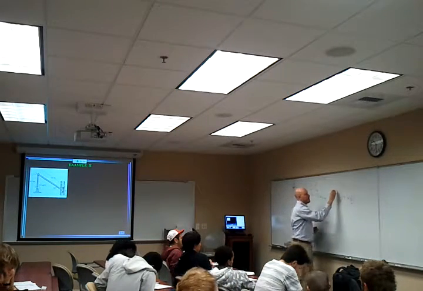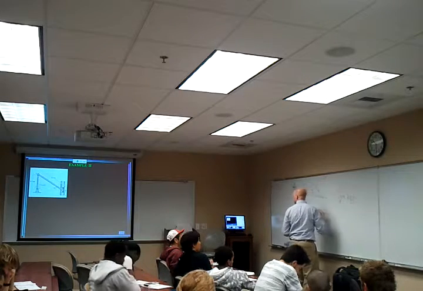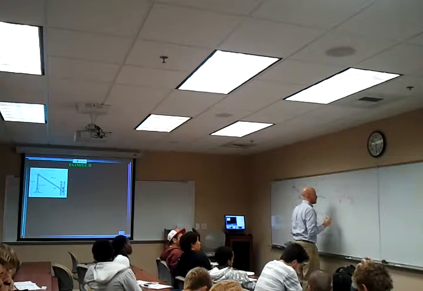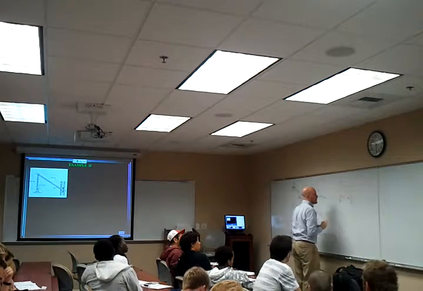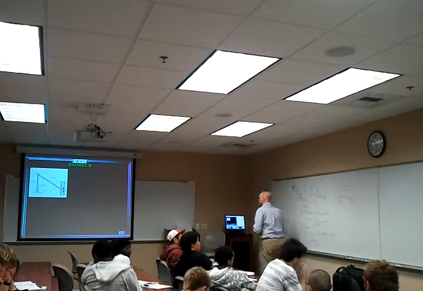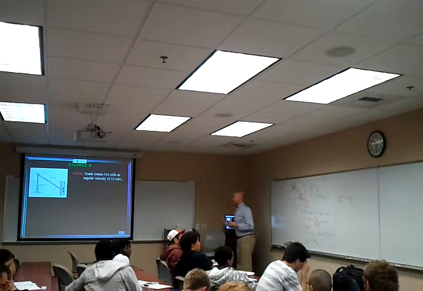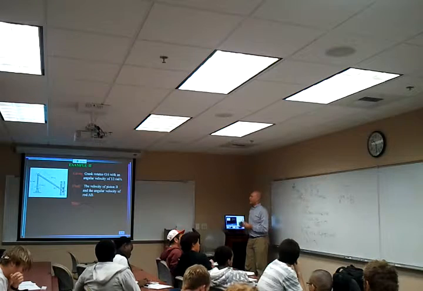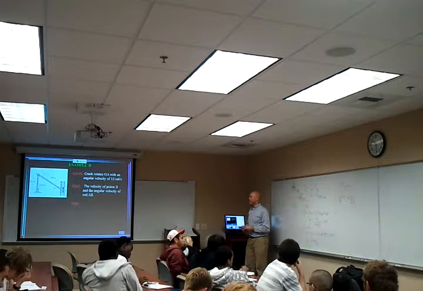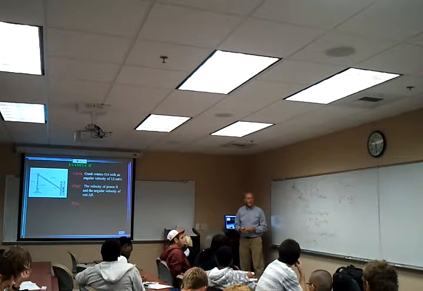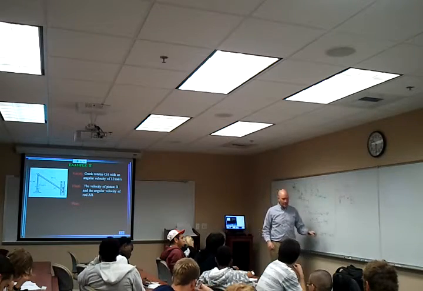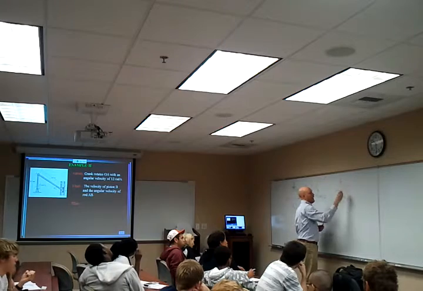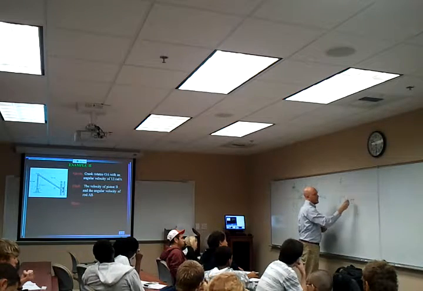This is 0.3 meters, and this is 0.6 meters, and that's 30 degrees. So we know how fast OA is rotating. We want to find the velocity of B and the angular velocity of rod AB. So we probably should label our points. This is point A, and this is point B.